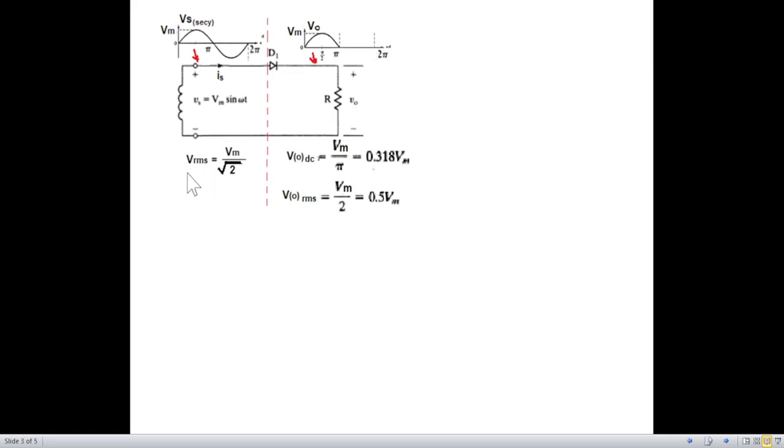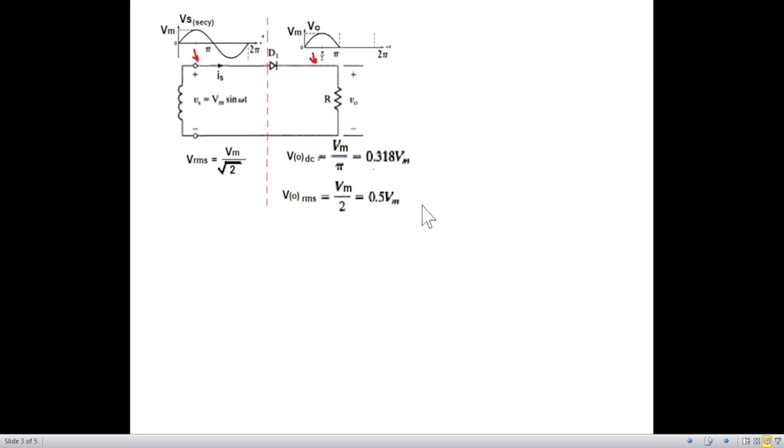We know that the RMS is peak divided by under root 2, so this formula is applicable here. But the formula changes on this side, and here for VODC, we'll have Vm over pi. This is for the half-wave rectifier, we know.